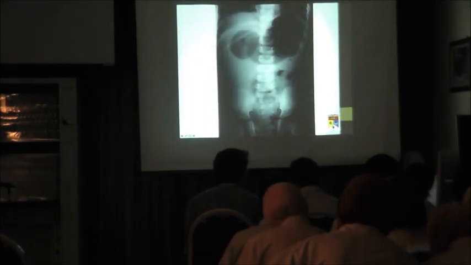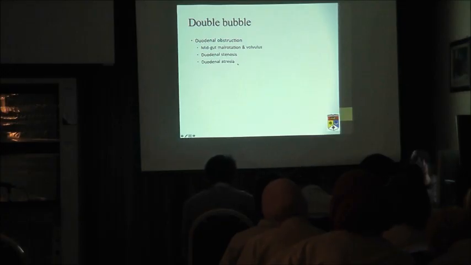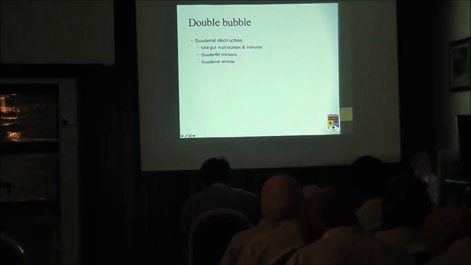So, double bubble sign, which stands for a problem of the duodenum. Usually the cause will be midgut malrotation or volvulus. Same with malrotation or volvulus.